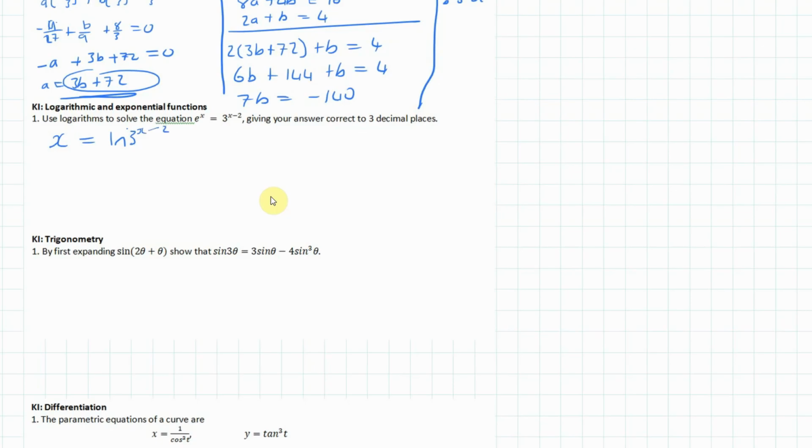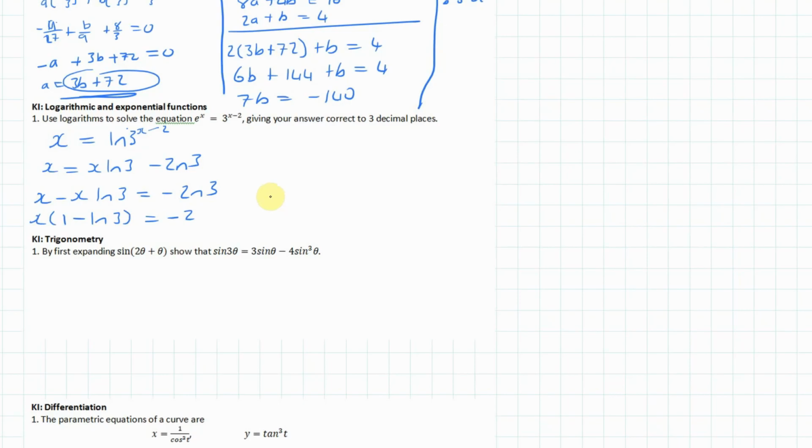And then I can rewrite that, and my next line is x is equal to x ln 3 minus 2 ln 3. And I'm going to bring my x's over to the left-hand side. Then I'm going to factorize out, so I get 1 minus ln 3 in a bracket equals 2.